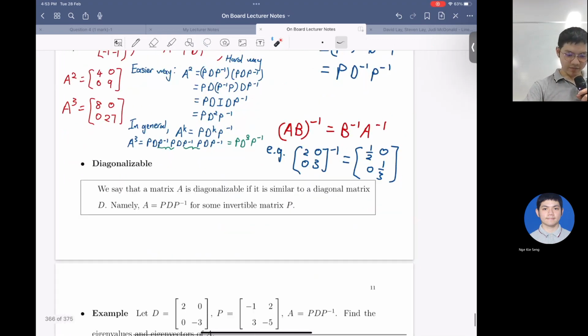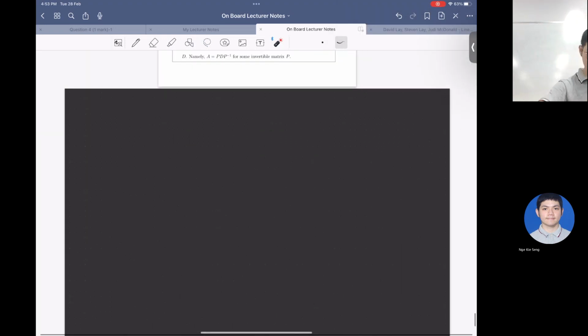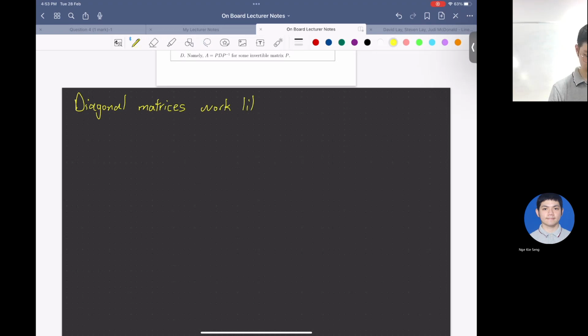Let me write something. Diagonal matrices look like numbers, but with a lot of numbers considered together.